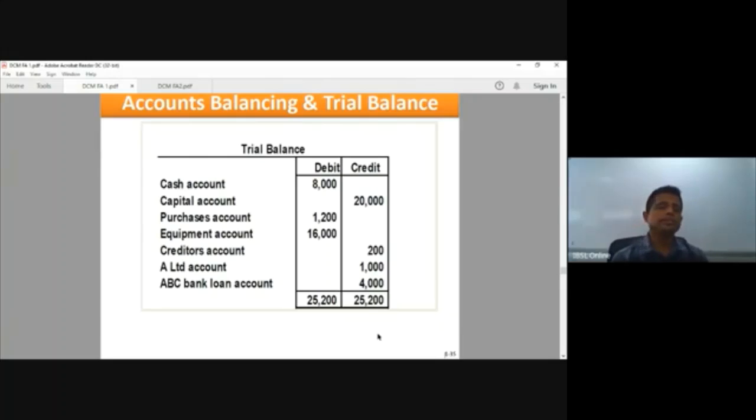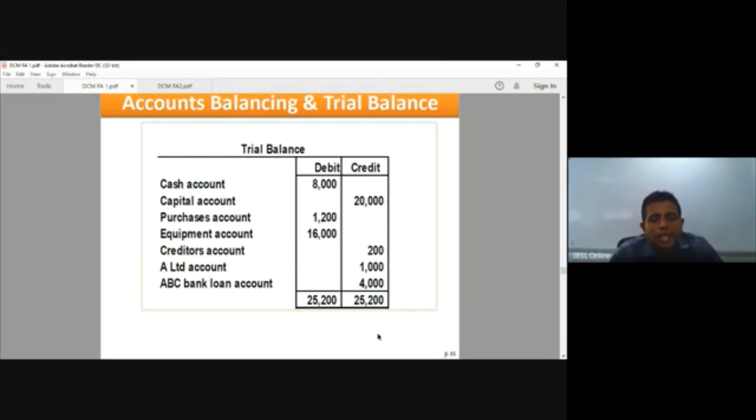Then the capital account has a credit balance of 20,000. The purchase account has a debit balance of 1,200. Then the equipment account: you have 2 equipment purchases, one on cash, one on credit, 15,000 and 1,000. Therefore, the total is 16,000.